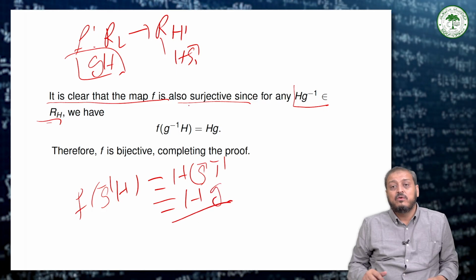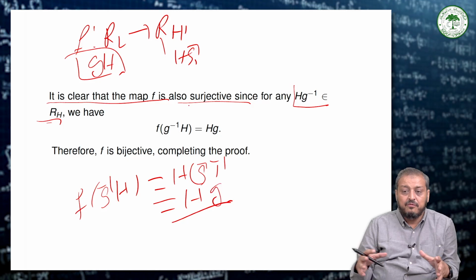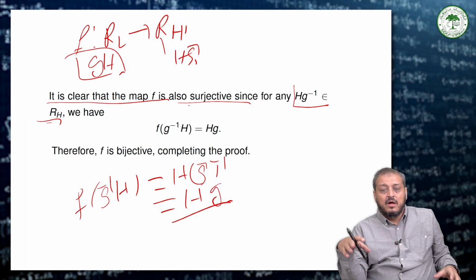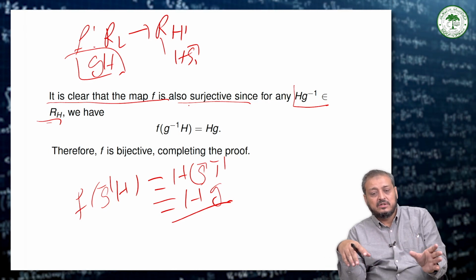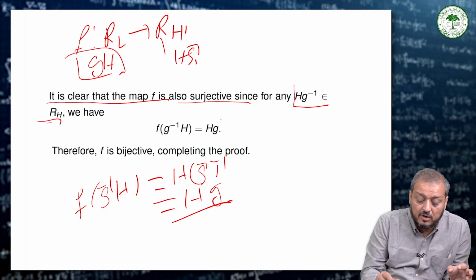So clearly there exists, therefore, for Hg inverse an element of the right cosets, some element such that f of g inverse H is equal to Hg.